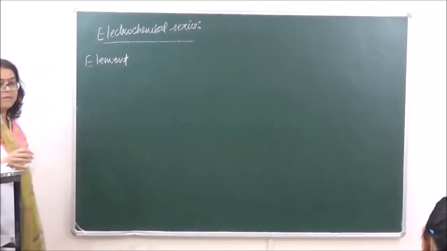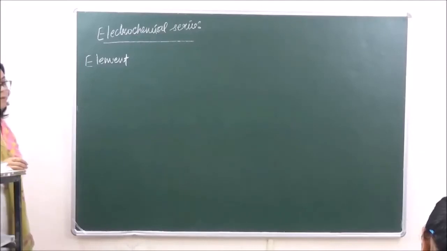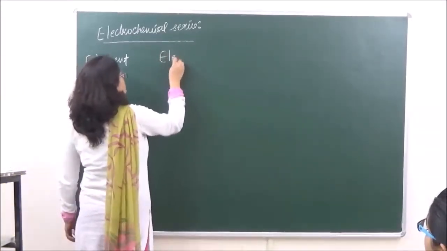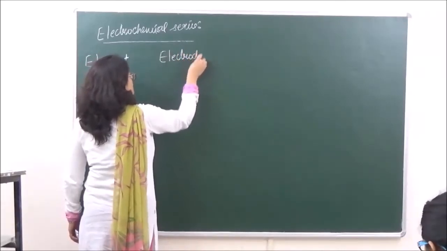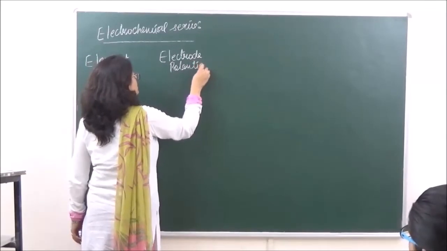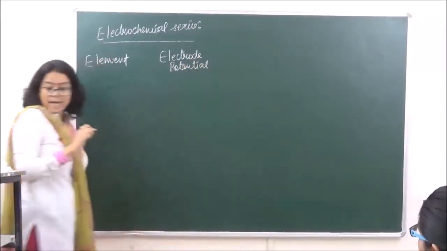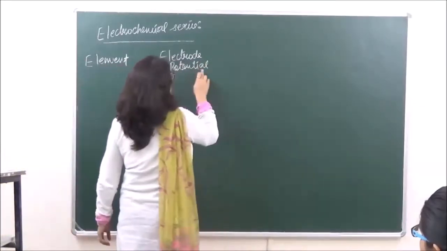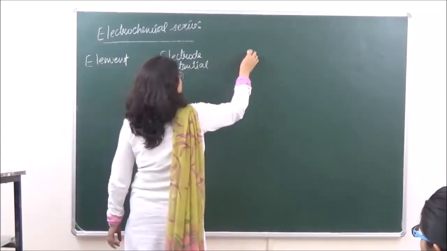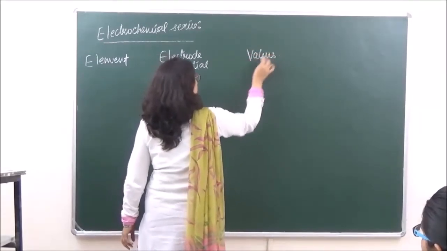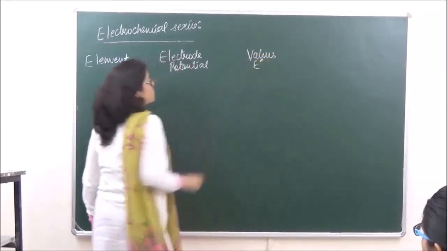Let's say we are drawing it in the form of a table. So we have the element, we have the electrode potentials, and then you can write down the electrode reaction, and we get the values for E0.